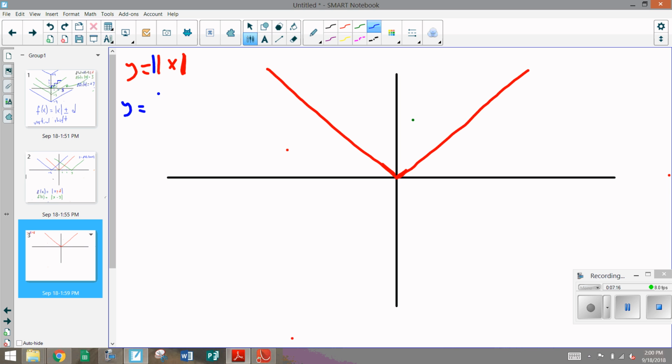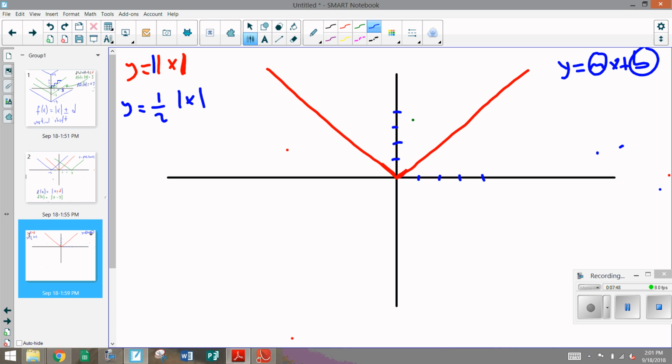Y is equal to 1 over 2 times absolute value of x. Now, when you look over here, 1, 2, 3, 4. Now, what is the slope? 1 over 2, because y is equal to mx plus b, where m is the slope and b is the y-intercept, right?